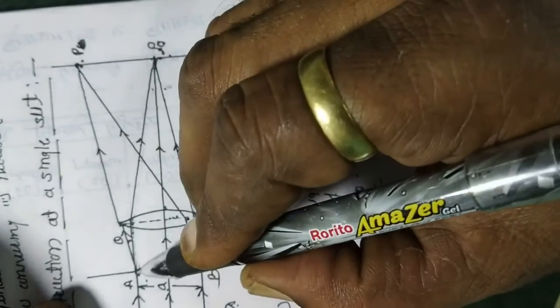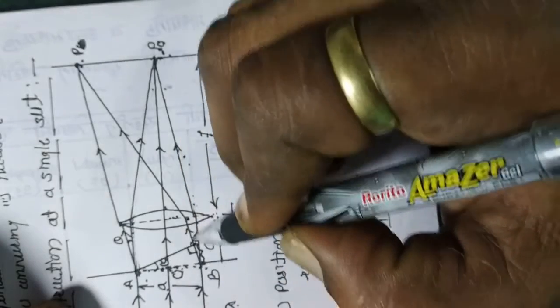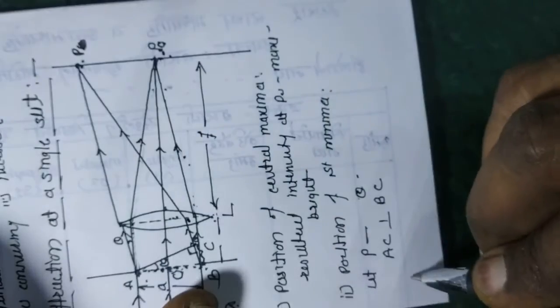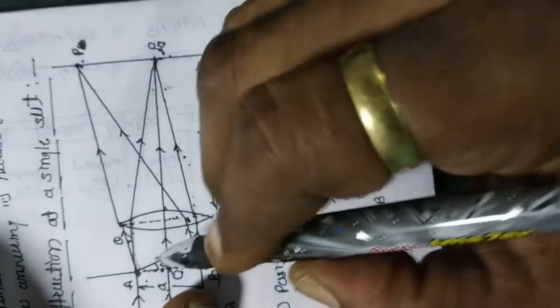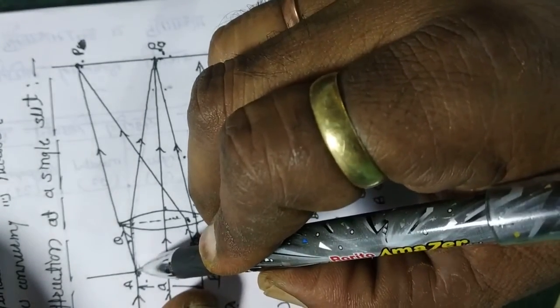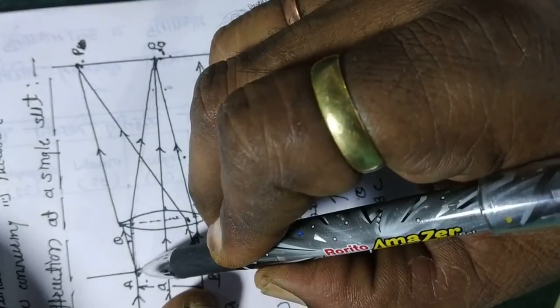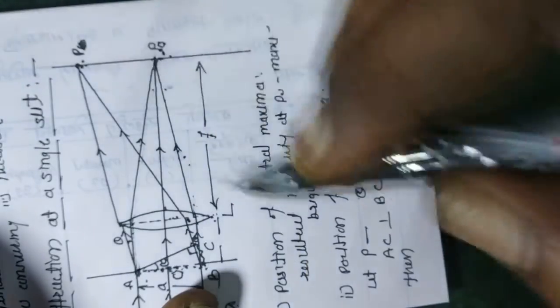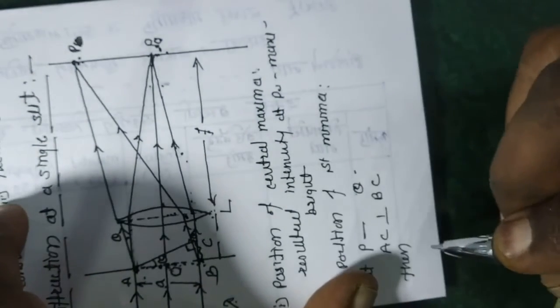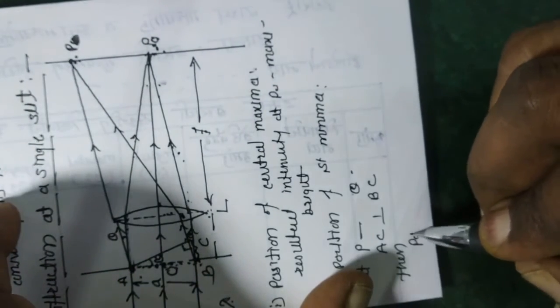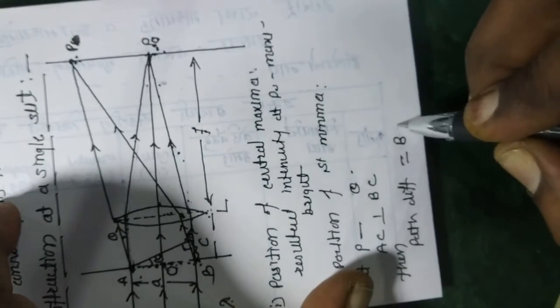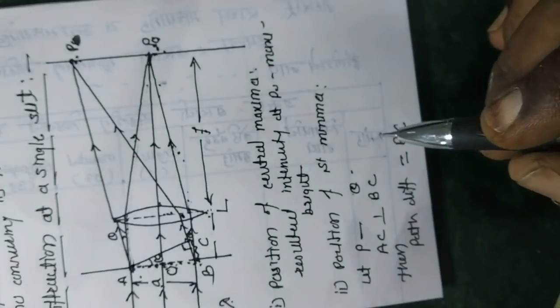Then the path difference between waves arriving from A and B and reaching P is BC.